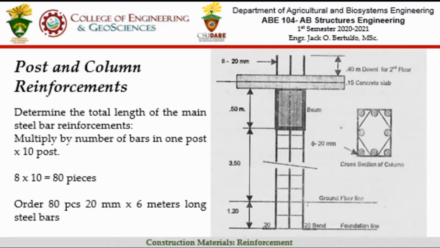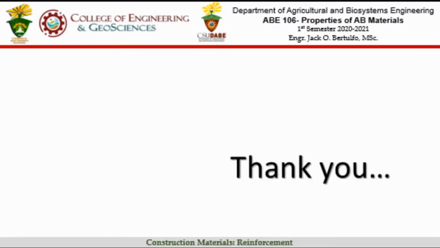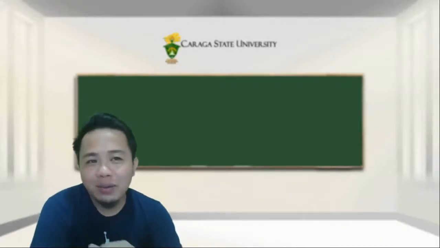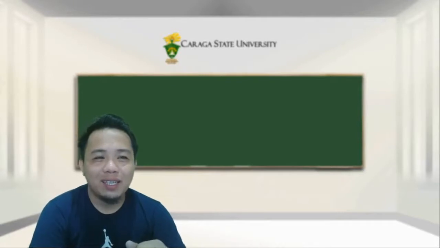So you have 8, and if you have 10 columns, you need 80 pieces of steel bars. Therefore, we need to order 80 pieces of 20 mm by 6 meters long steel bars. So that's how you calculate the total reinforcement for post and column using the direct counting method.